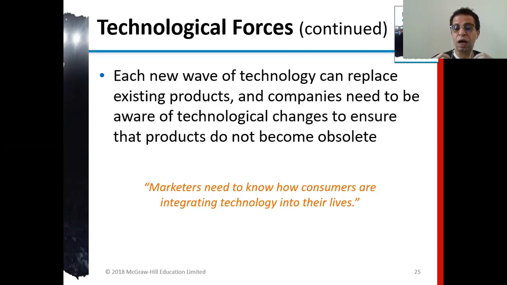Marketers need to know how consumers are integrating technology into their lives. In the old days, there was a rotating phone, and a pressing phone, and then the mobile came in, and voila, all these landline phones are gone, and now it's mobile.